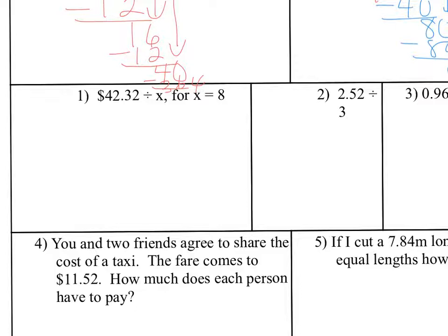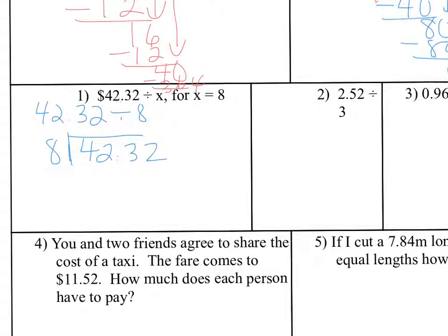All right, $42.32 divided by x, for x is 8, so you just have to plug it in. X is 8. So that's 42.32 divided by 8. So how many times does 8 go into 42 and 32 hundredths?